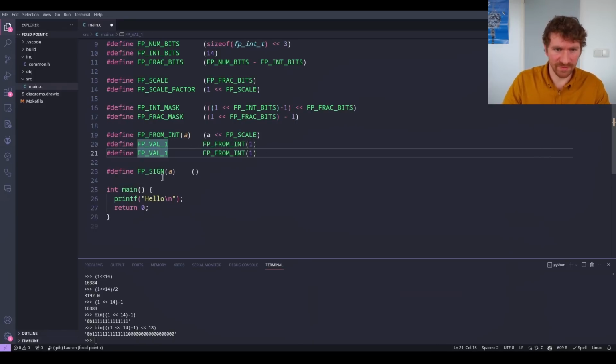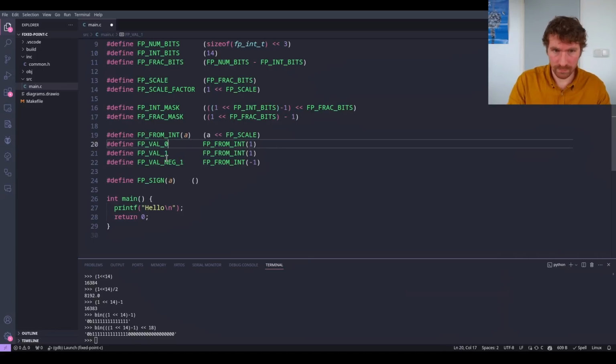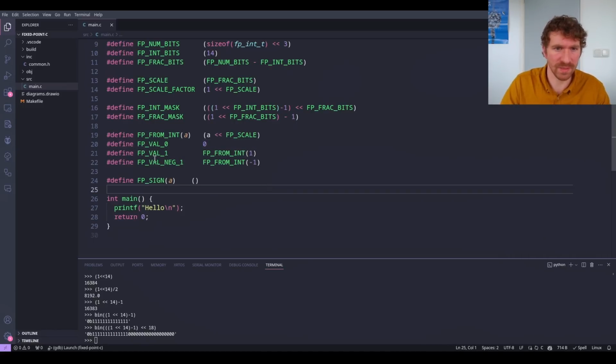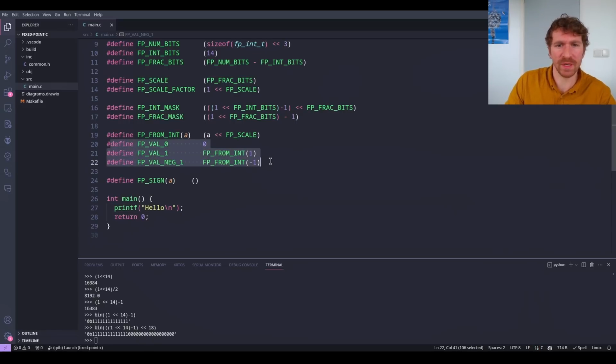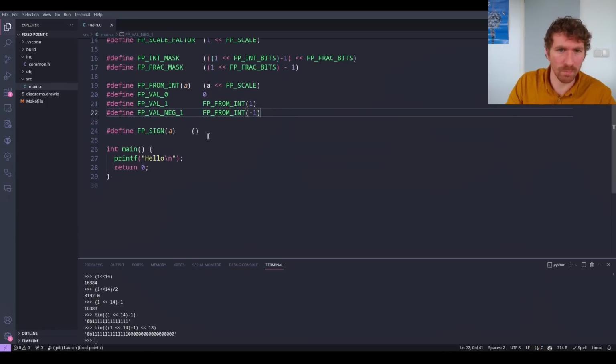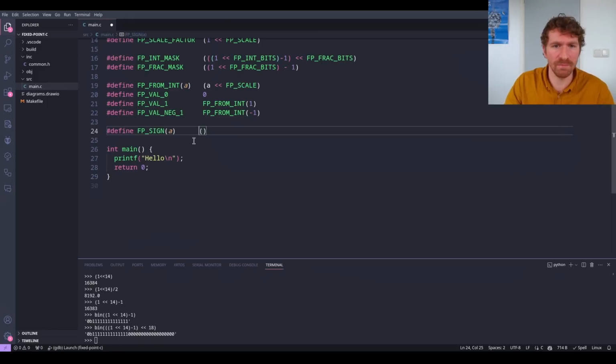Then we're going to have a fixed point value -1. So we're just getting numbers in these formats now, right? And we probably want to have 0 as well. And 0, well, it is just 0, so we don't need anything there. Okay, so these are some of the values that we're going to use. We're going to add at least one more, but we'll get to that in time.